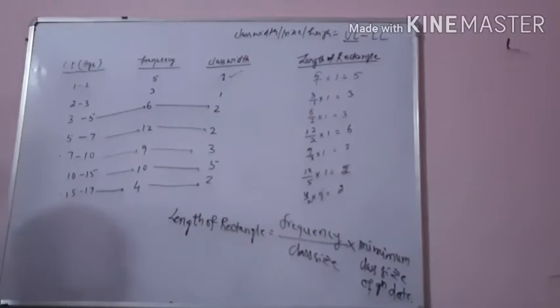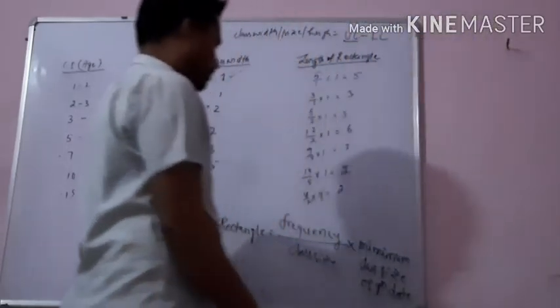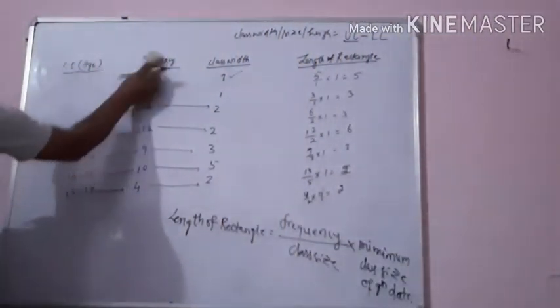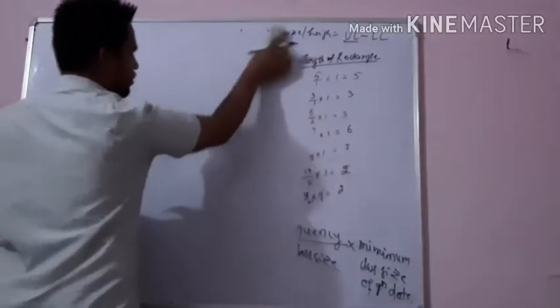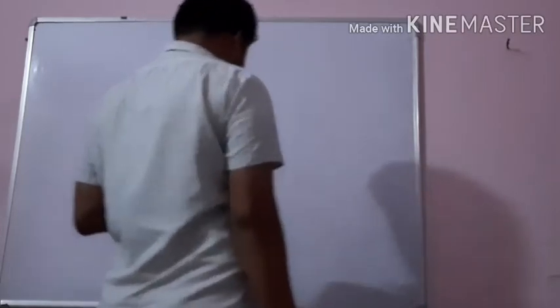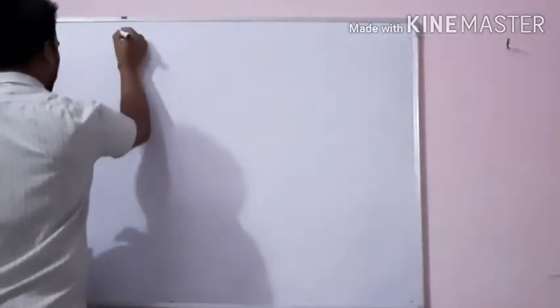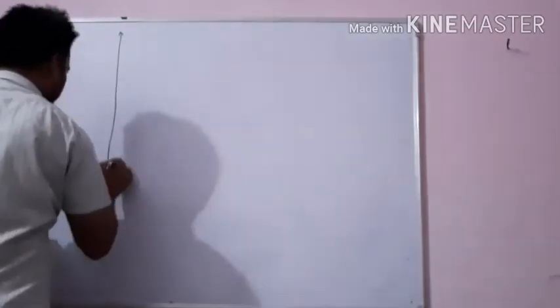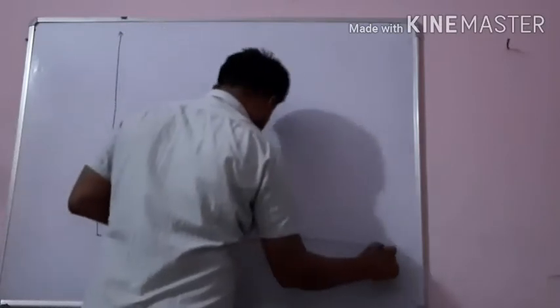So this is the length of the rectangle. Now we will draw the histogram for this given data. On the x-axis we will take age in years, and on the y-axis we will take the number of children. That will be the frequency.